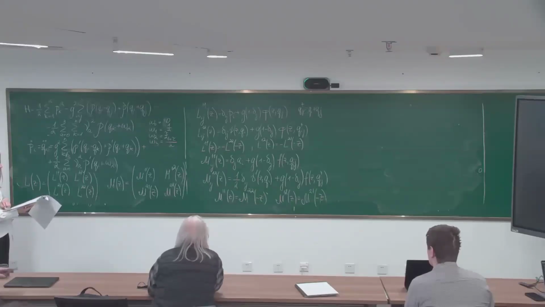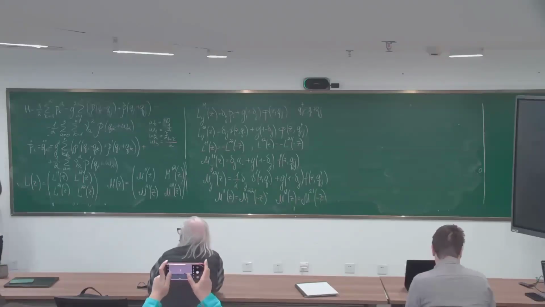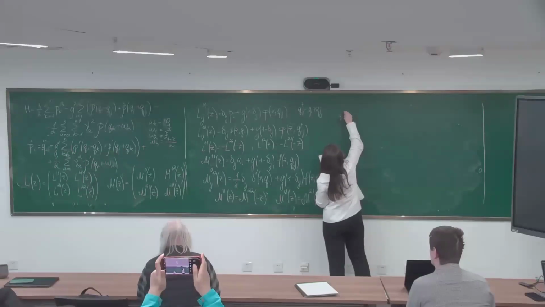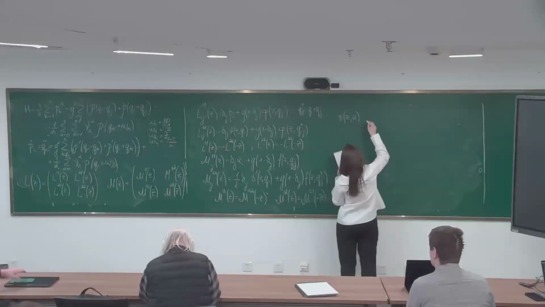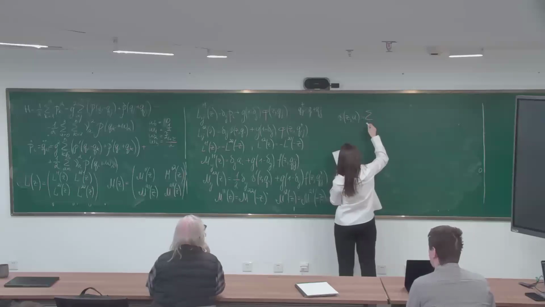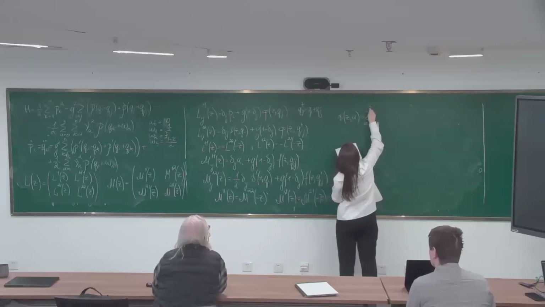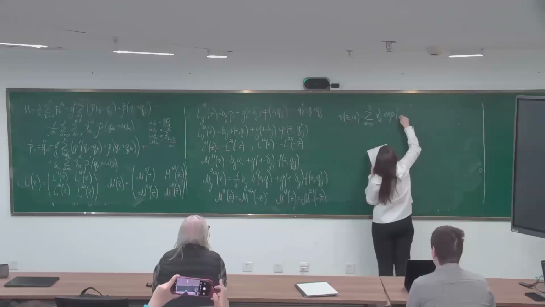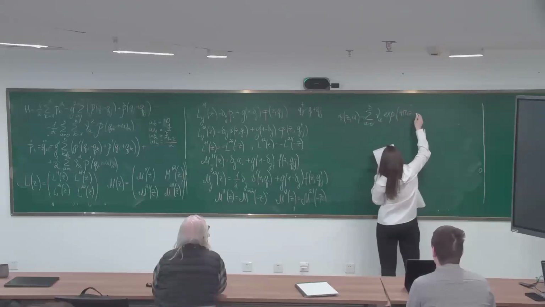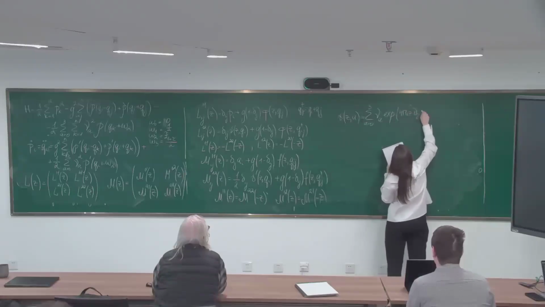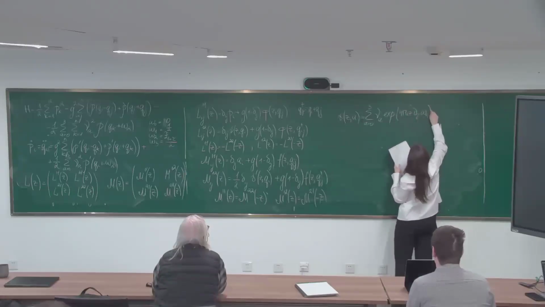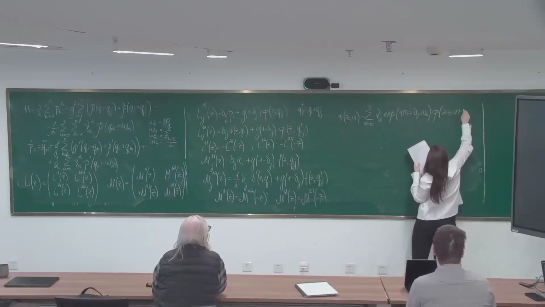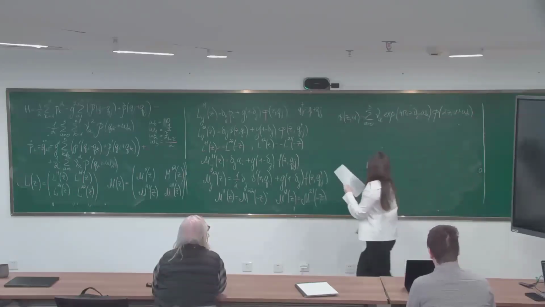Who is V? V is an elliptic function, so this is the sum. So this is V.